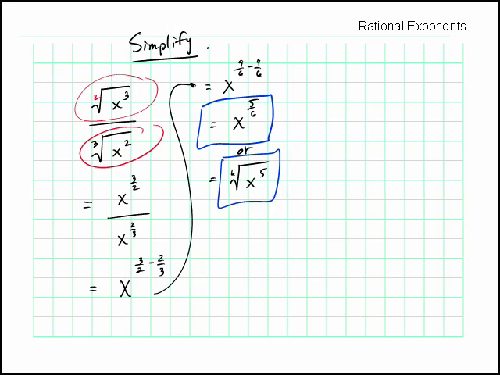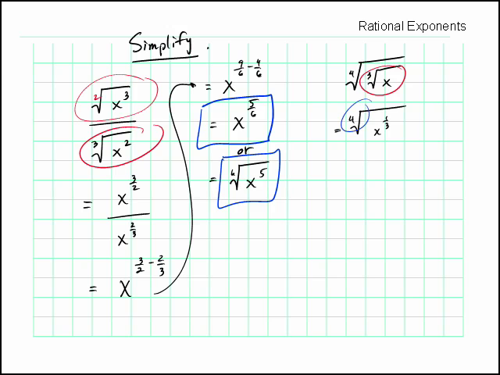One more. The 4th root of the cube root of x. So I'm going to write each part as a fractional exponent. The cube root of x is x to the 1/3.